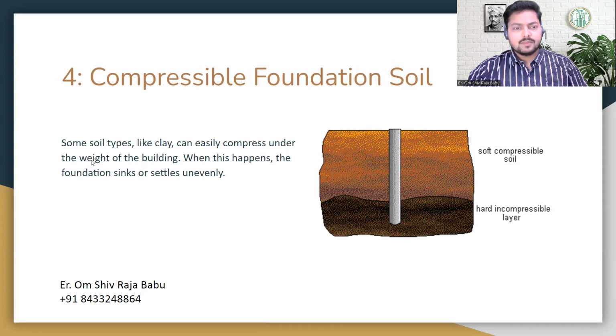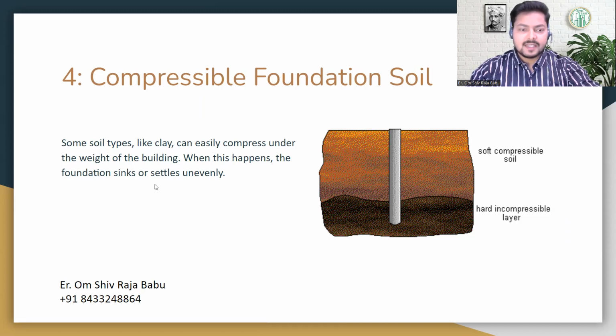Some soil types, like clay, can easily compress under the weight of the building. When this happens, the foundation sinks and settles unevenly. However, I couldn't find an image with just this portion of soft compressible soil, but I will explain with this image also.